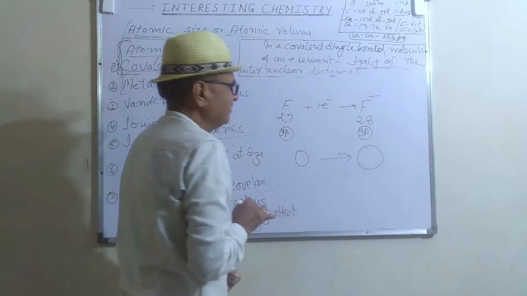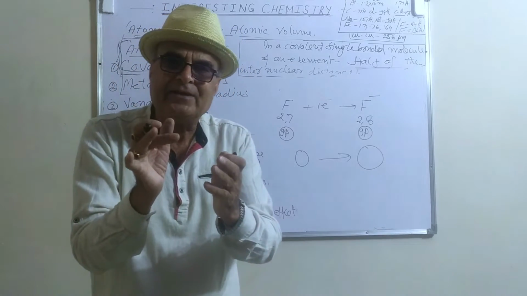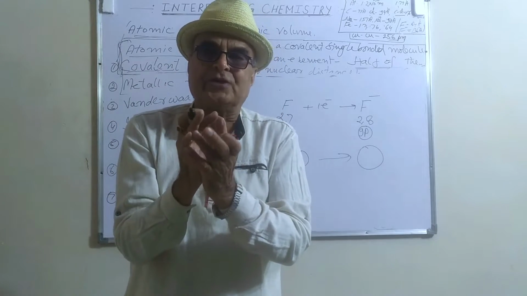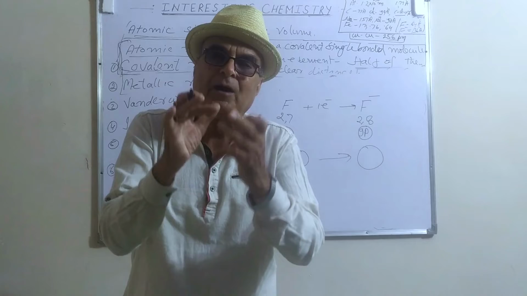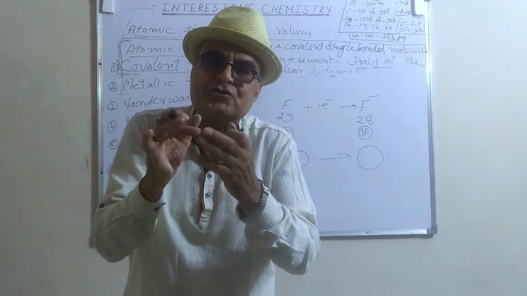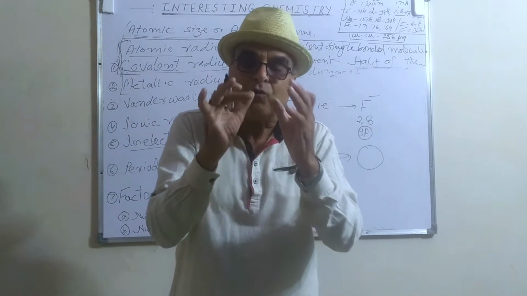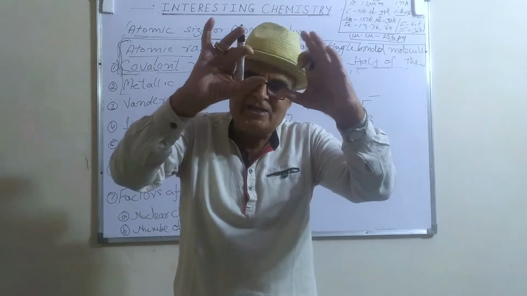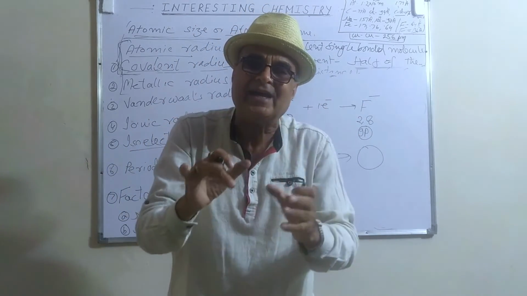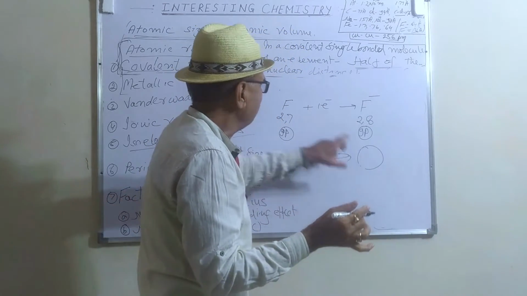So forming the cation, the size will decrease, and forming the anion, the size will increase.